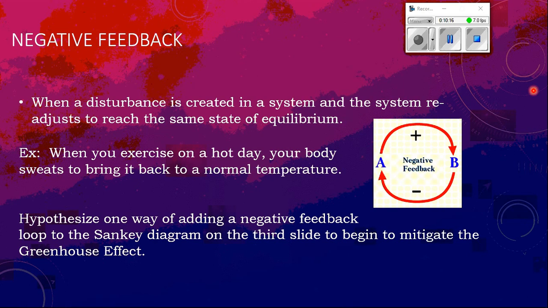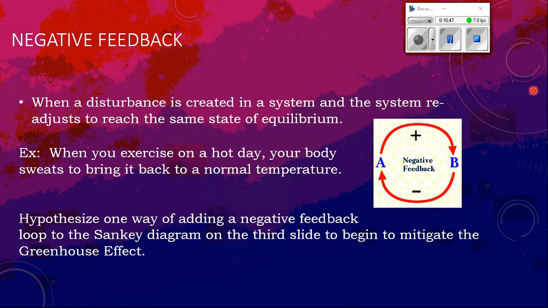A good example of a negative feedback loop is when you exercise on a hot day, your body creates sweat, which returns the temperature back to normal. That's a negative feedback because that sweat is actually returning your body temperature to what it should have been at the very beginning. We need to introduce negative feedback loops into our ecosystem in order to bring the planet back to a lower state of equilibrium.